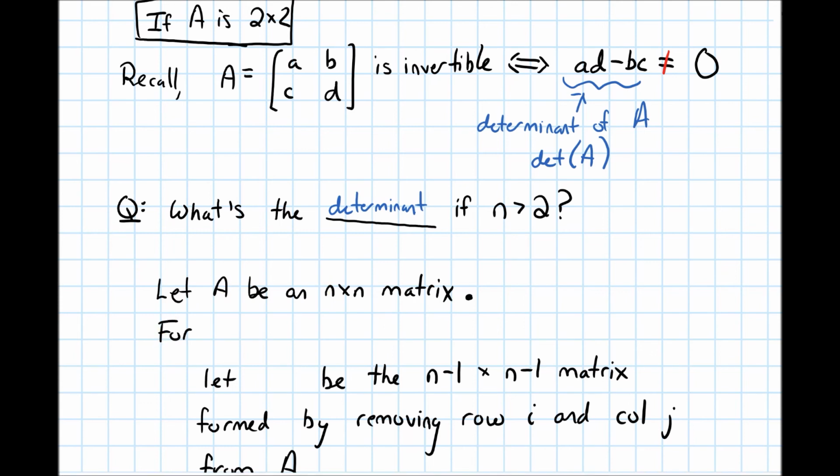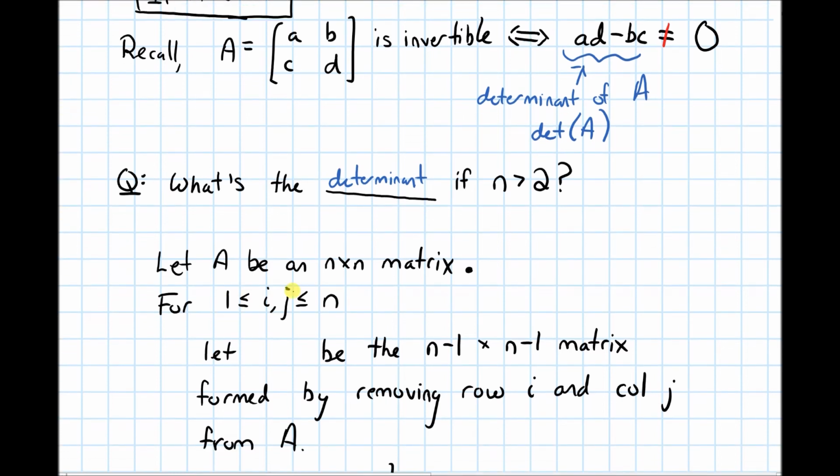I'm going to introduce some notation now, some terminology. For 1 less than or equal to i, j less than or equal to n, I'll explain what this means, but let me state something else first.